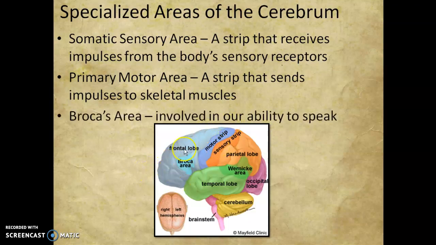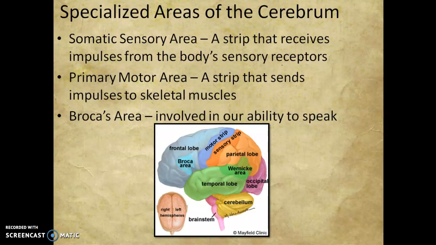Okay. Then Broca's area. Broca was the name of a man who had been affected in this area. Your Broca's area is involved with your ability to speak. It's right here, above your temporal lobe, almost above your eyebrow area, towards the front of your head. That is where your language processing, and not even just language processing, but the ability to speak, at least from a muscular level, will be formed.